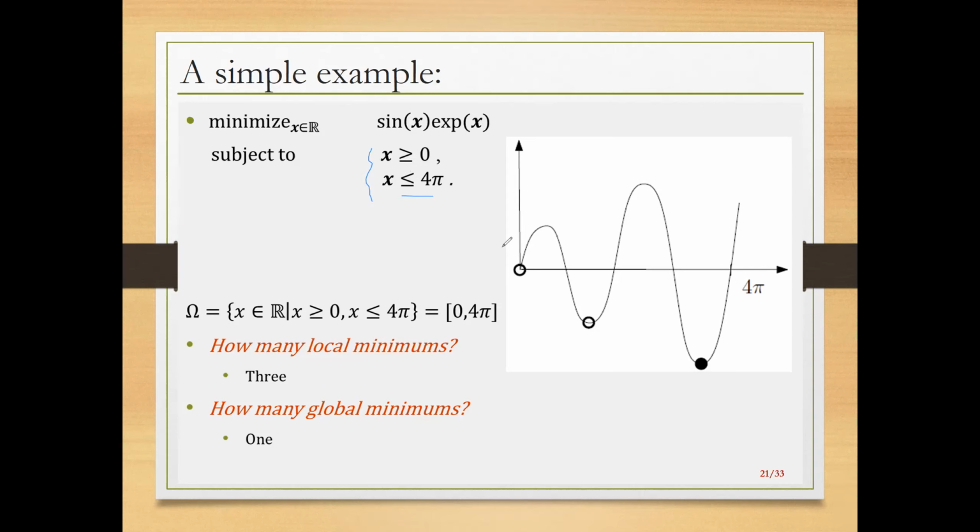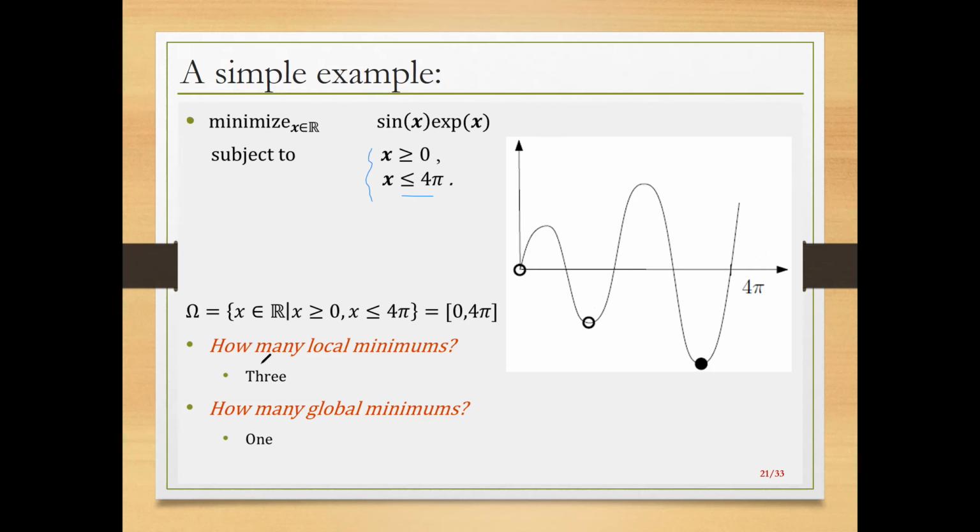So this is saying that all the x values should be greater than 0 and less than or equal to 4 pi. So all the values from this point to this point, and since it's equal to, including these two points.